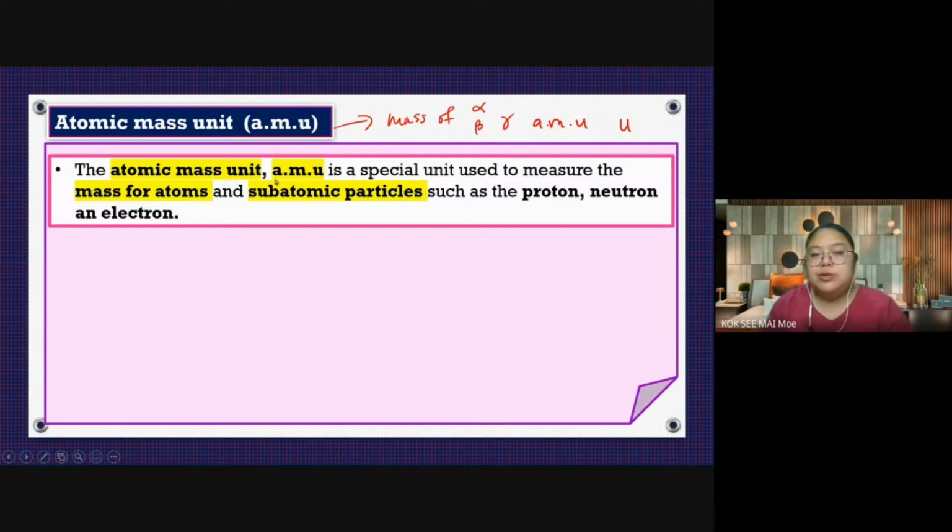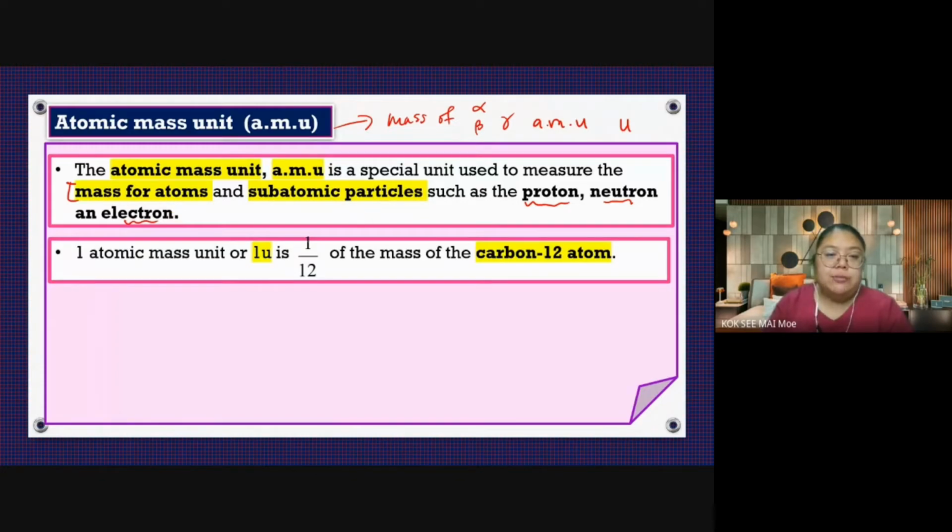Okay, atomic mass unit, AMU, is a special unit they use to measure the mass of the atom, because it is too small. And subatomic particles, for example proton, neutron, and electron. Because the mass is too small, they change to another unit to measure. Now AMU means what?